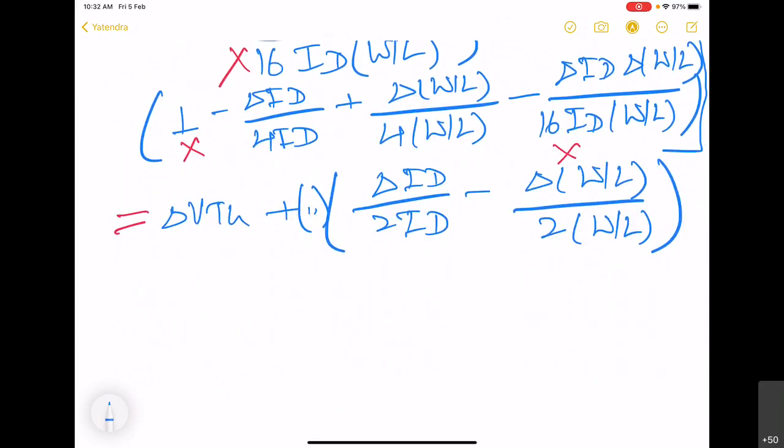So here we see that we have the input offset voltage in terms of the difference in the aspect ratio and difference in the threshold voltage, but now we have a difference in terms of the difference of the drain current.